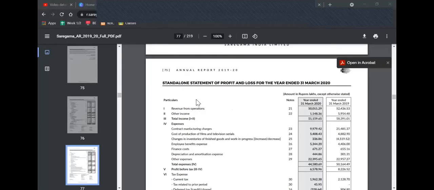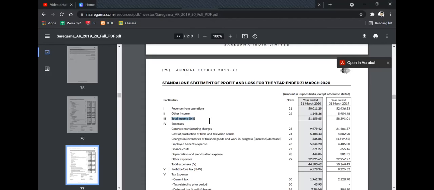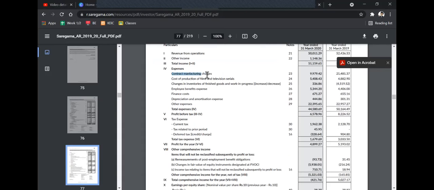Okay, so let me try and see if I can share my screen and show you. Okay, so over here, you can see the revenue from operations, operating income, total income, expenses, cost of manufacturing.